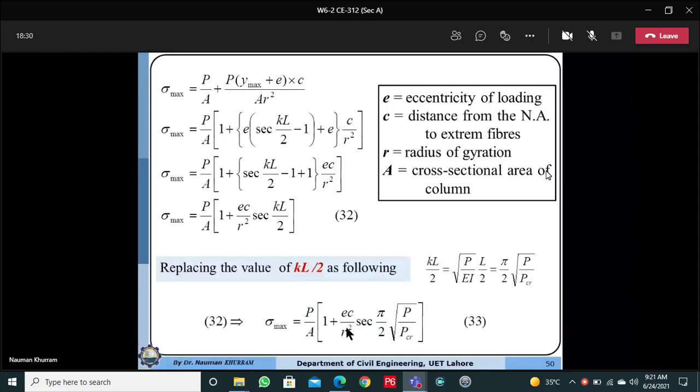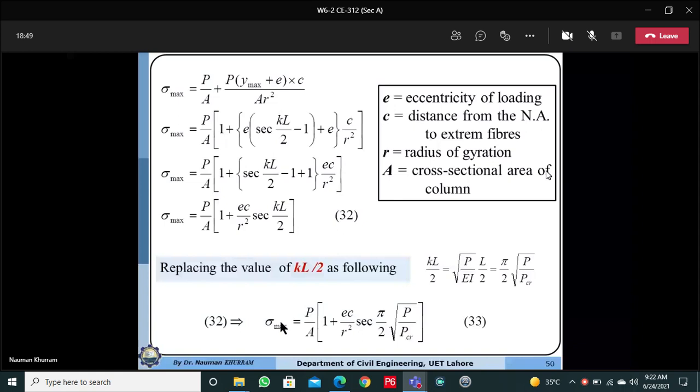In this formula, if you are given the applied load and the eccentricity of the load, and you are also given all the geometric properties, then determination of the maximum stress in the column is relatively easy.